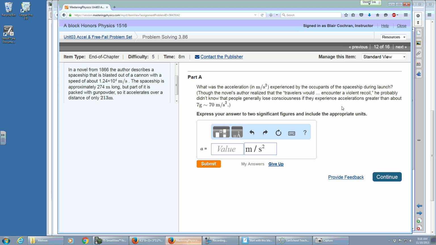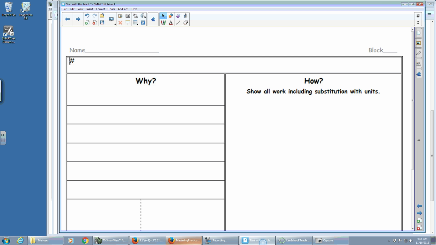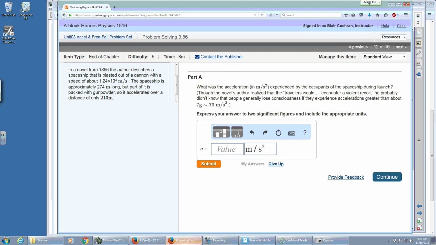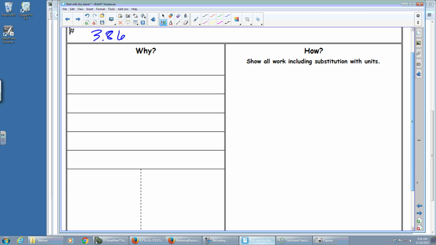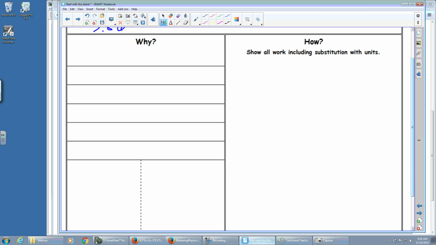So one thing where I would start off, let's see, was it 3.86? I'd start off with that impulse causes a change in momentum.